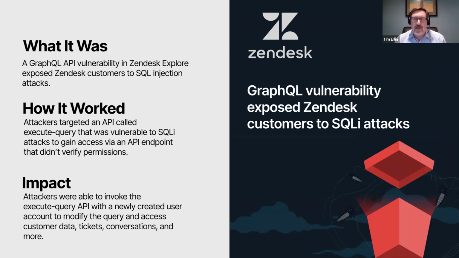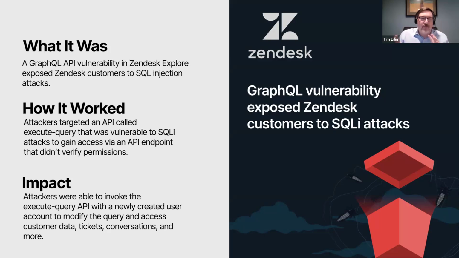that have occurred. So this is a GraphQL vulnerability in Zendesk, specifically Zendesk Explore, and it is essentially a vulnerability that exposes the product to SQL injection with an execute query call via GraphQL. Ultimately, the impact is that attackers gained unauthorized access to customer data, tickets, conversations, and other data.